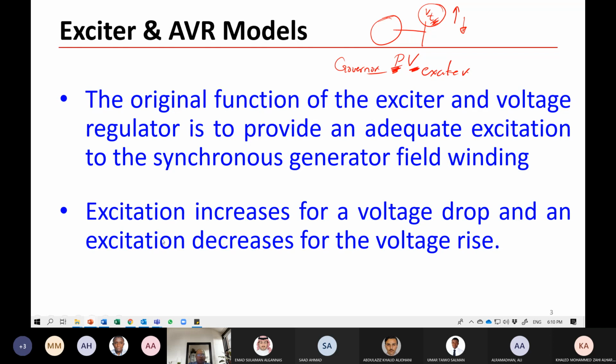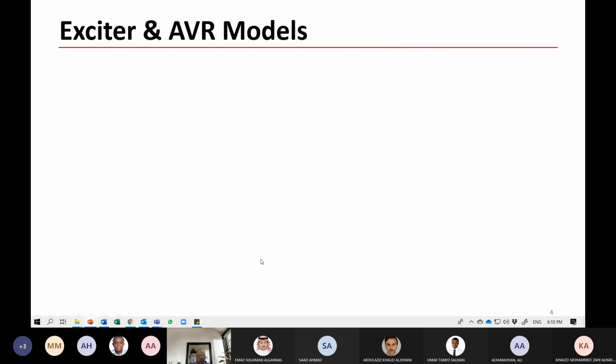While we are studying the excitation, when we want to control the system dynamics or improve the system stability, this will be done through the excitation system. We have what we call the power system stabilizer, and this is applied in the excitation system. This is why we have to study the excitation system here, in order to design a power system stabilizer later on.